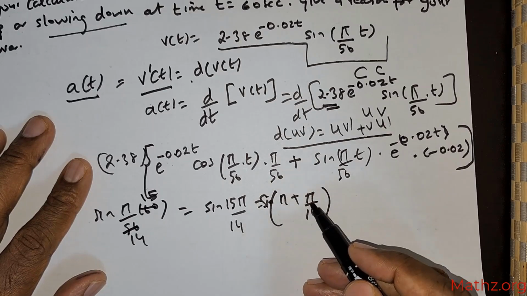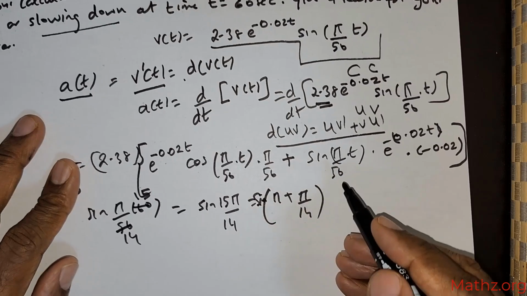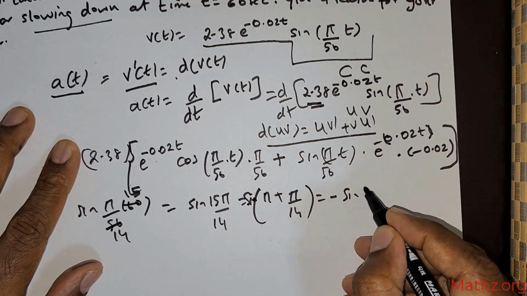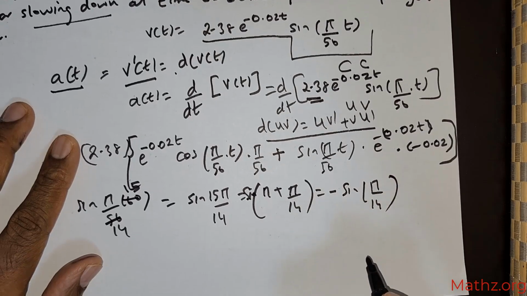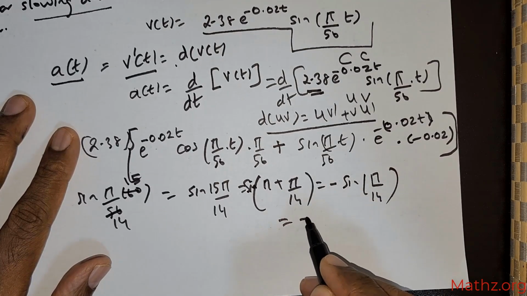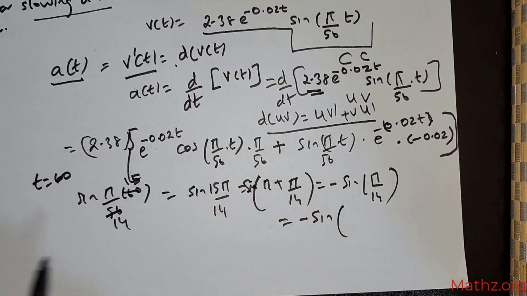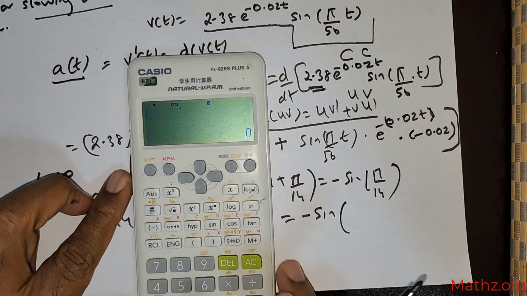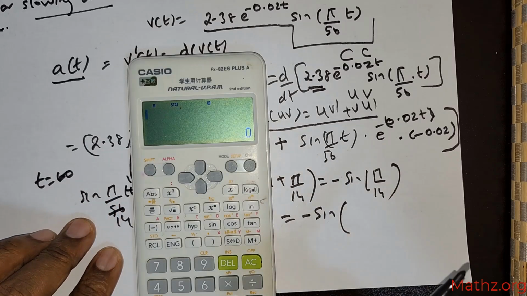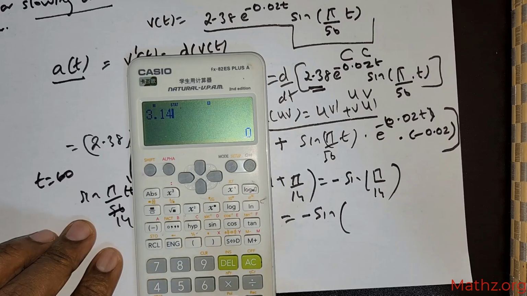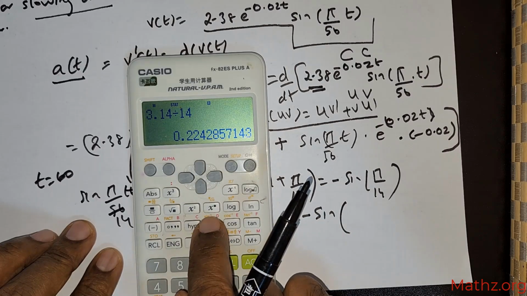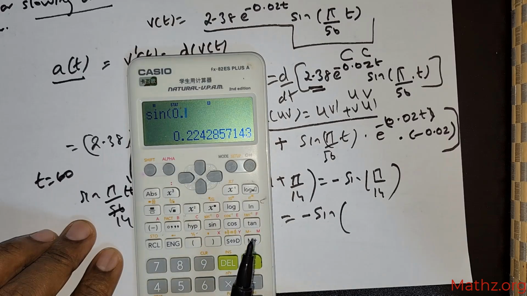So 180 plus theta. Now this is going to be negative sine of pi over 14. Now let me use my calculator, right? Now watch here. When you are utilizing pi, you will have to take the value of pi as 3.14 radian measure. Now this is divided by 14. Fair enough. Now find out the value of sine. So sine of 0.224285.